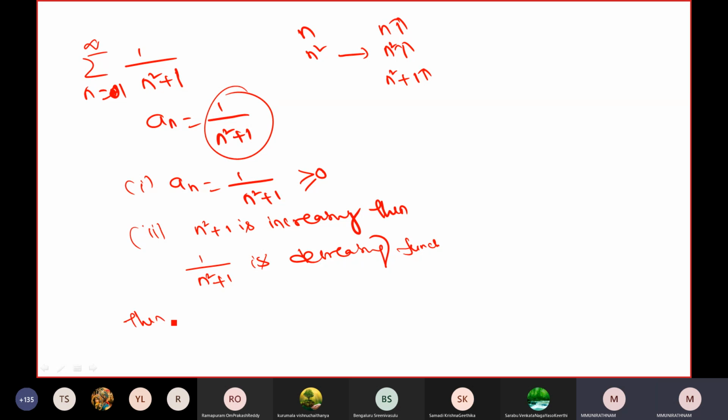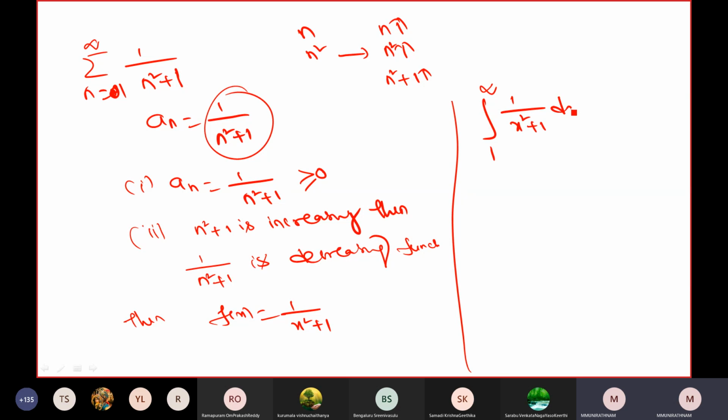Then, let f of x equal to 1 by x square plus 1. Now we go for integral 1 to infinity f of x dx, that is, integral 1 to infinity 1 by x square plus 1 dx.